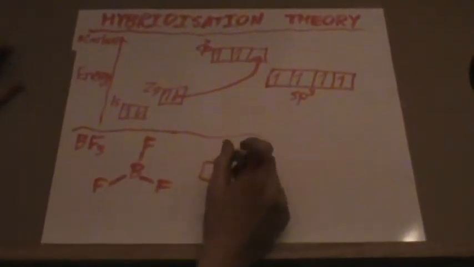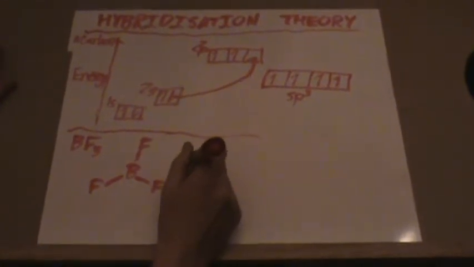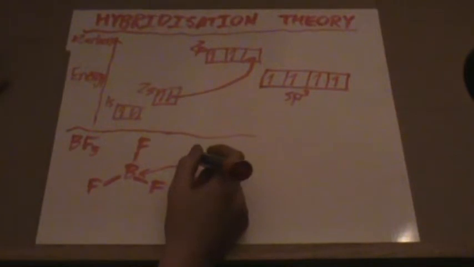Boron trifluoride. Okay. And so anytime anything is bonded to anything else, when we look at these problems in terms of hybridization, we are just going to look at the hybrid orbital of the central atom.